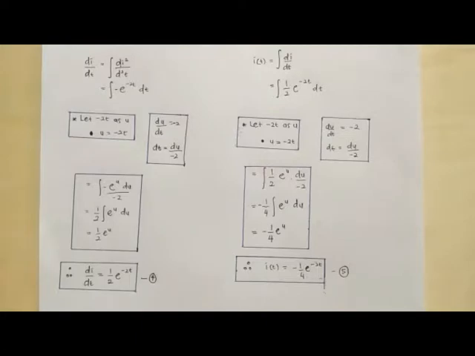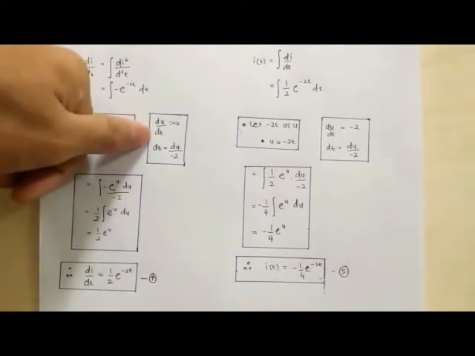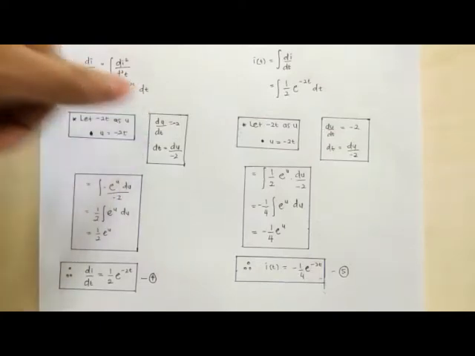So the first step of integration by substitution is make appropriate choice of u. So I chose u as negative 2t, and then we need to compute du over dt to find dt. That is the second process of integration by substitution.